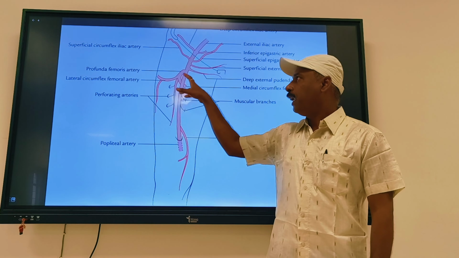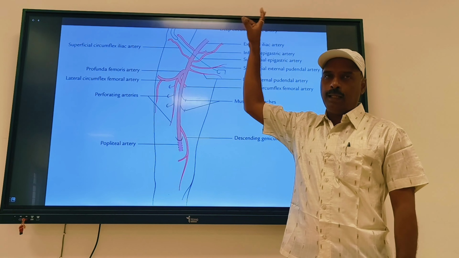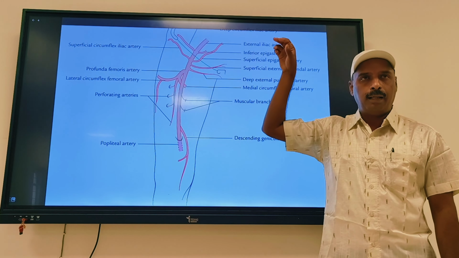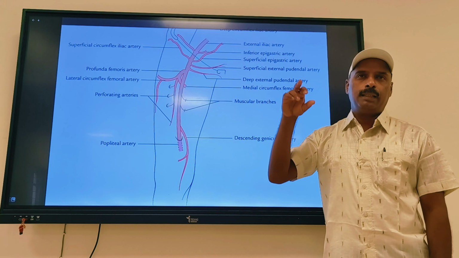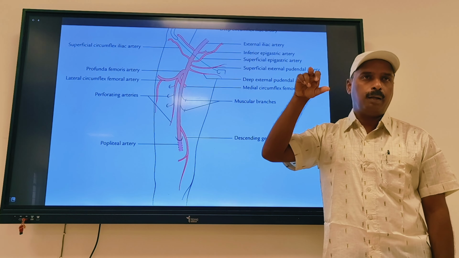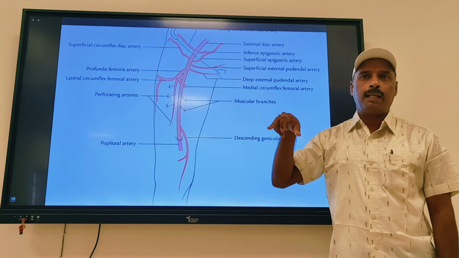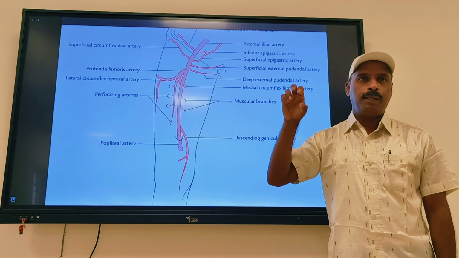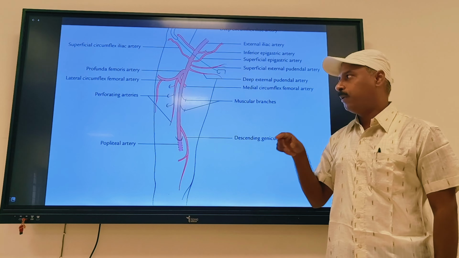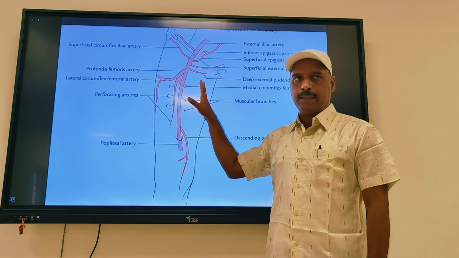How? Femoral artery, external iliac, then common iliac, abdominal aorta, and directly we go to the arch of aorta and aorta. Directly we are entering into the left ventricle, because the left ventricle gives rise to the aorta.